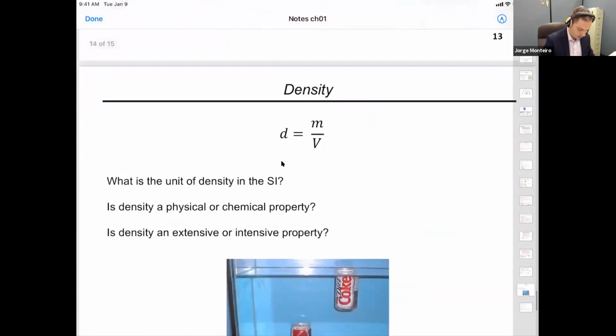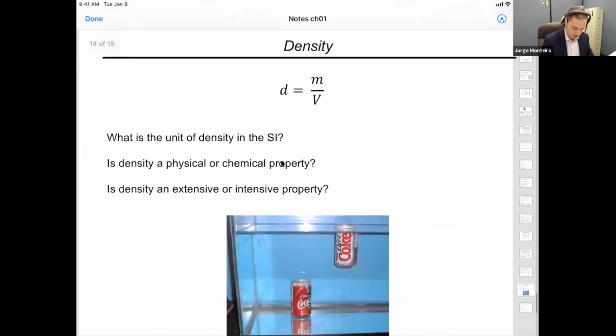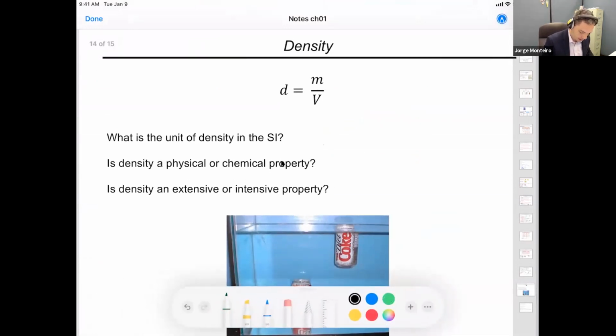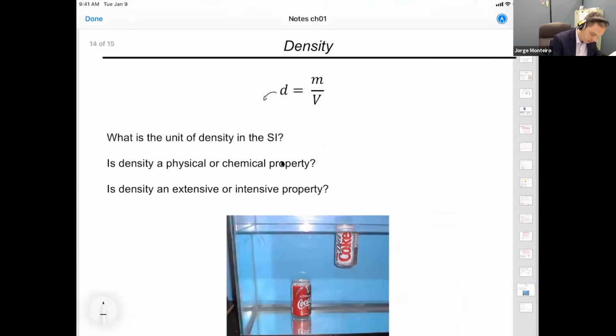Let's cover our last topic for chapter number 1. So let's talk about density. Density, represented here by D, is simply the ratio between mass and volume.